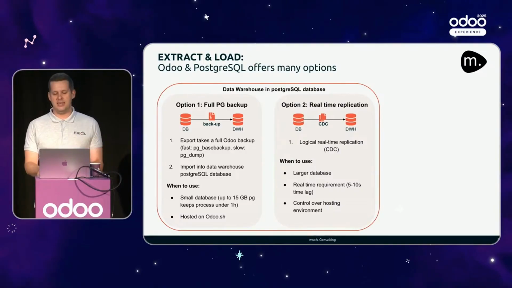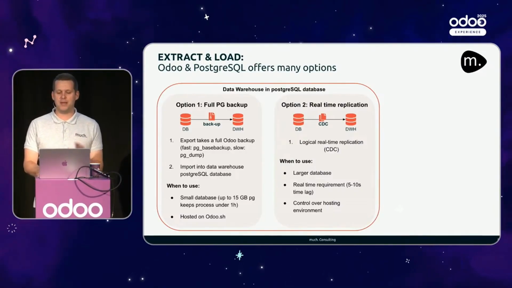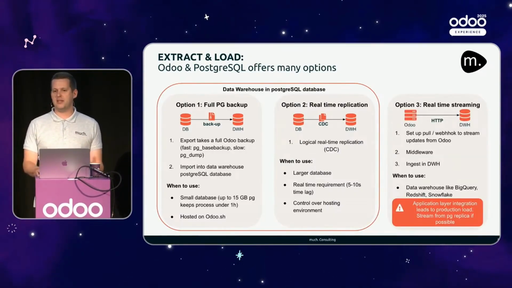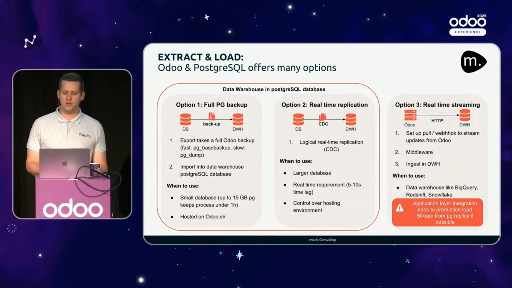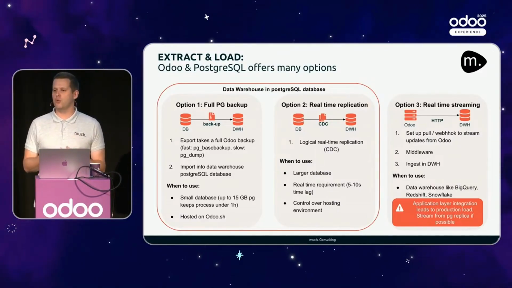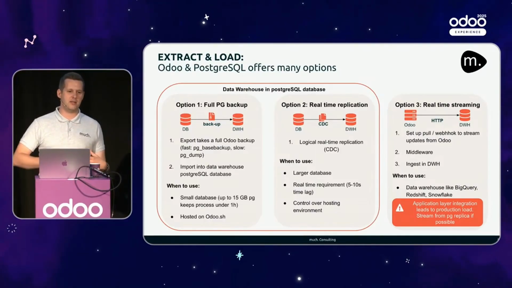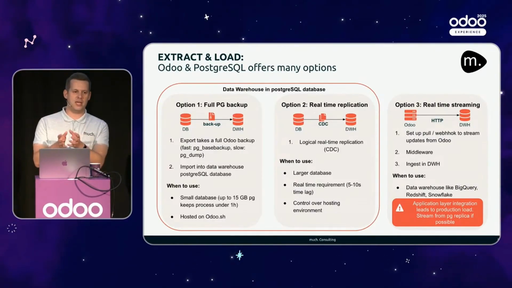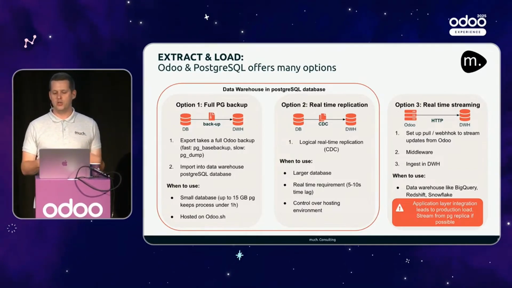So I think these are the two more database-based options. The CDC replication is my personal favorite, but there's one more option, and it's basically real-time streaming. So the big difference between replication and streaming is that the streaming version runs on the application layer, not the database layer. So it basically talks to your Odoo application server instead of directly talking to your backend.